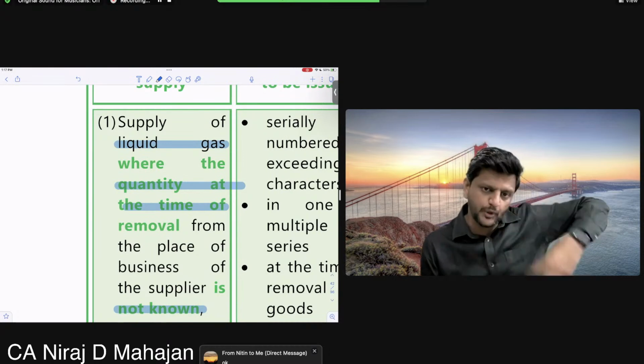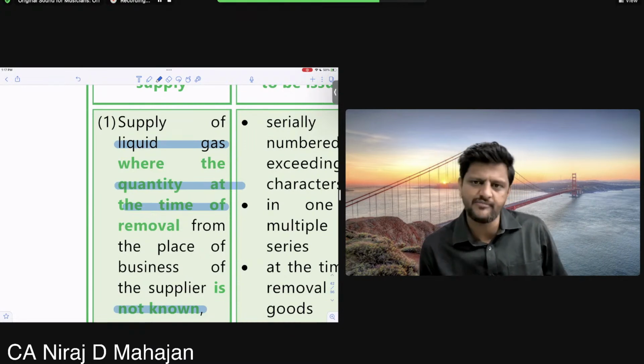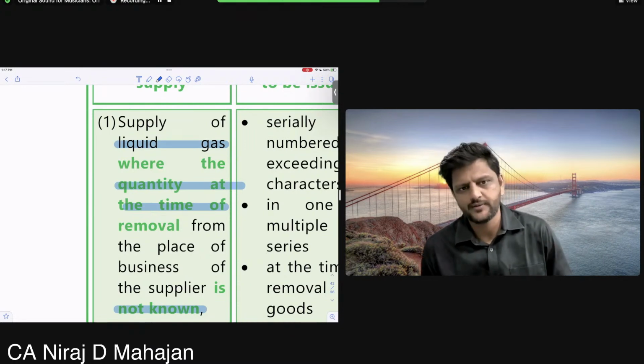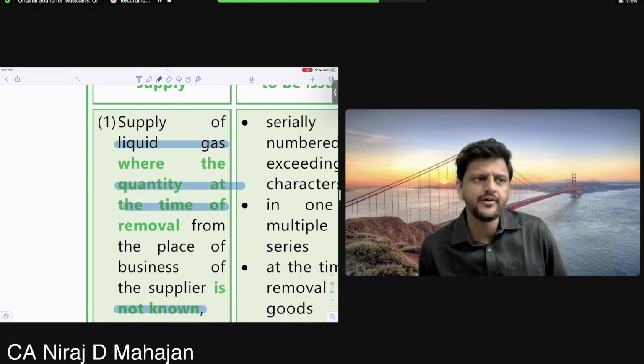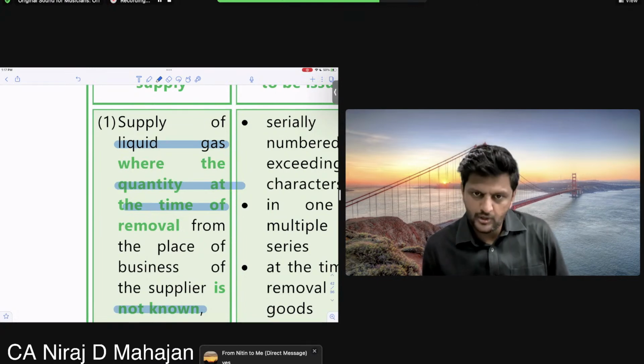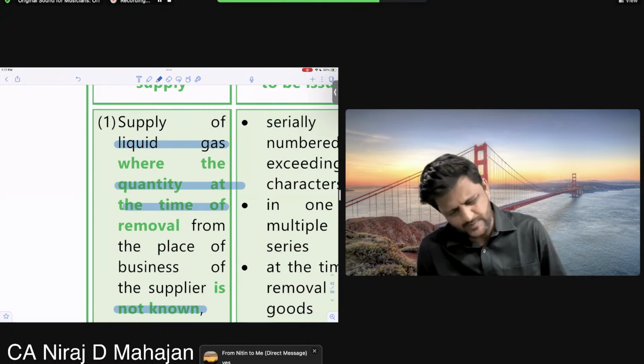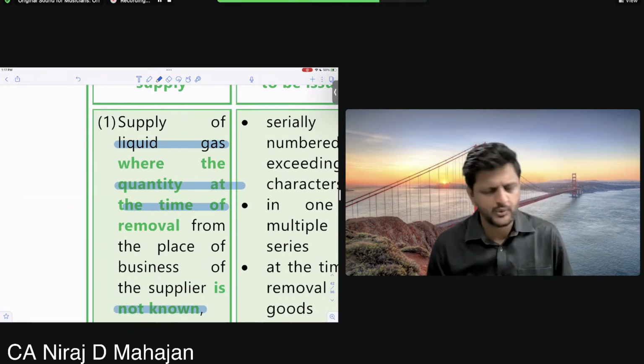So whatever is output from the truck at the location of the recipient, that much will be measured. How many units have been given over there. Understood? So when the truck moved from the location of the supplier, at that time we are not very sure how much quantity it is. Plus there can be normal loss. Clear? So the exact quantity received at the recipient's place, on that basis the invoice will be generated.